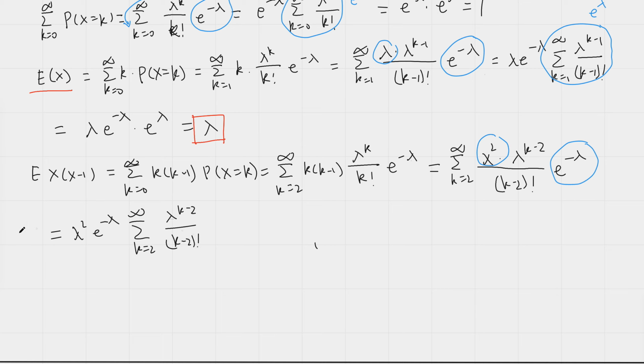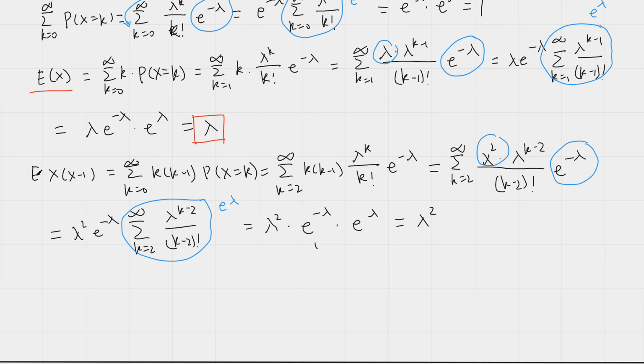Now this whole item here is the expansion of e to the lambda. So this is equal to lambda squared times e to the negative lambda times e to the lambda. This is equal to lambda squared.